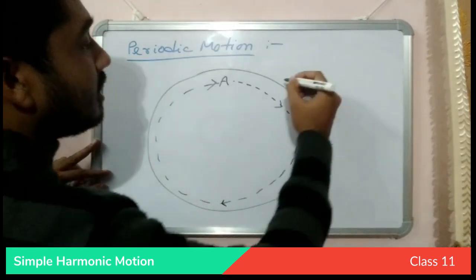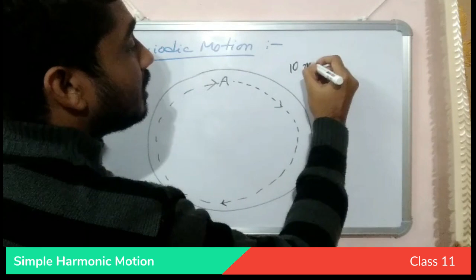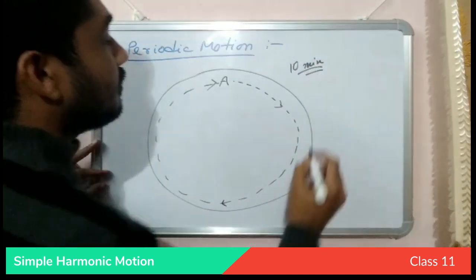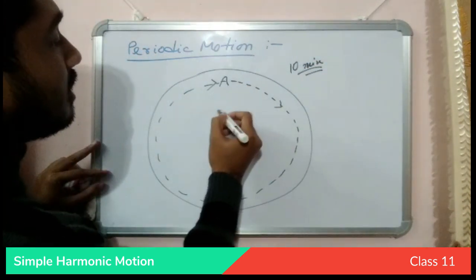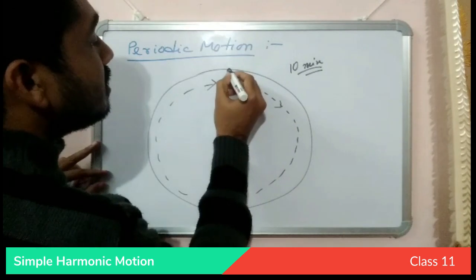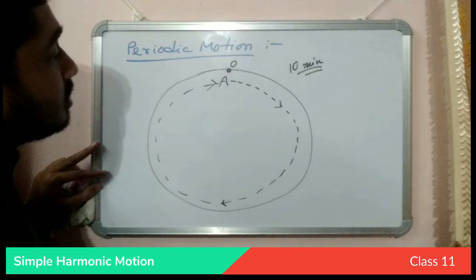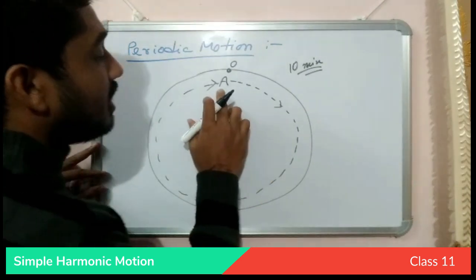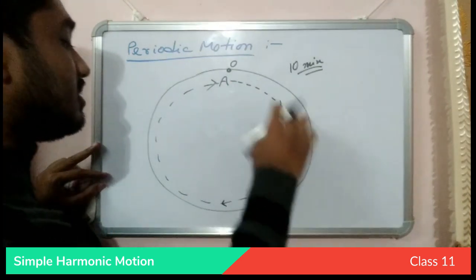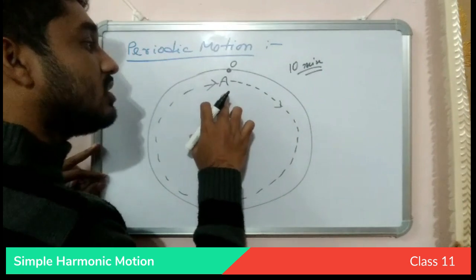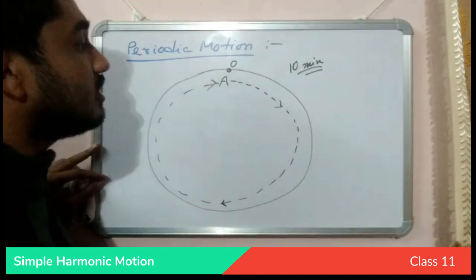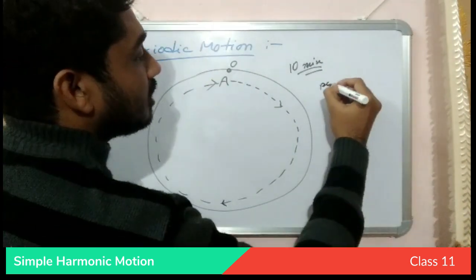After each 10 minutes the runner A is reaching the point O. So after 10 minutes, if the runner A is orbiting this ground and once again reaches the point O, this is a periodic motion.